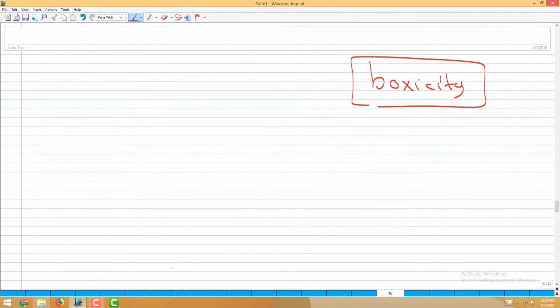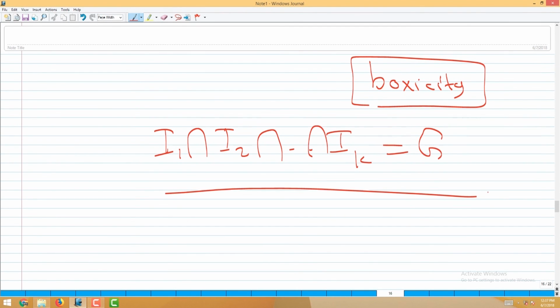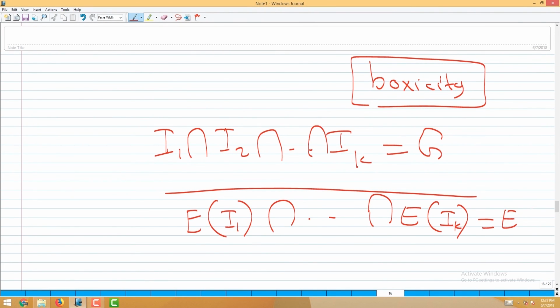It is essentially the minimum number of interval graphs I1, I2, say Ik, such that the intersection is equal to G. When I say intersection equal to G, the vertex set is assumed to be the same everywhere, but we are taking the intersection on the edge set. Actually, we should write E of I1 intersection ... intersection E of Ik is equal to E of G. So, if you get something like that, then that minimum k is the thing.